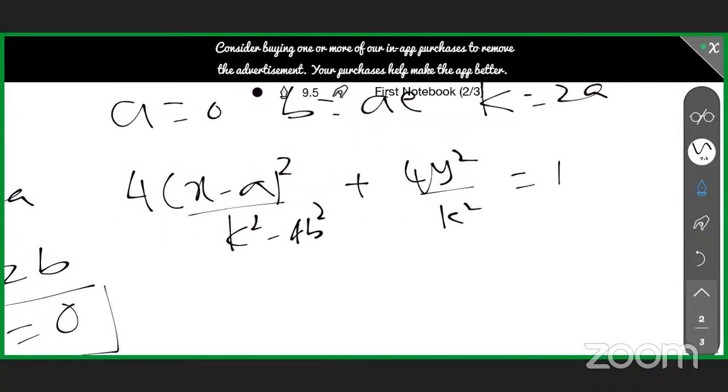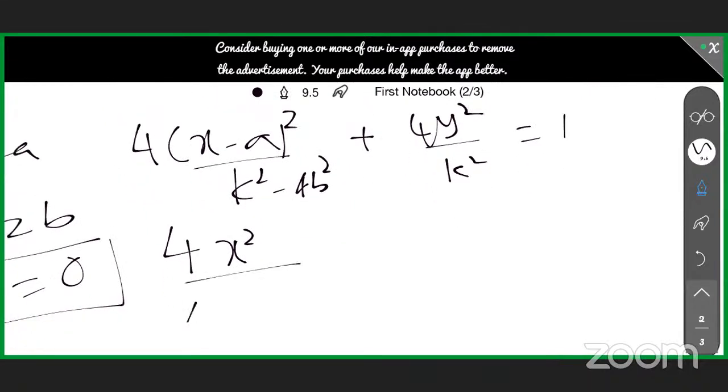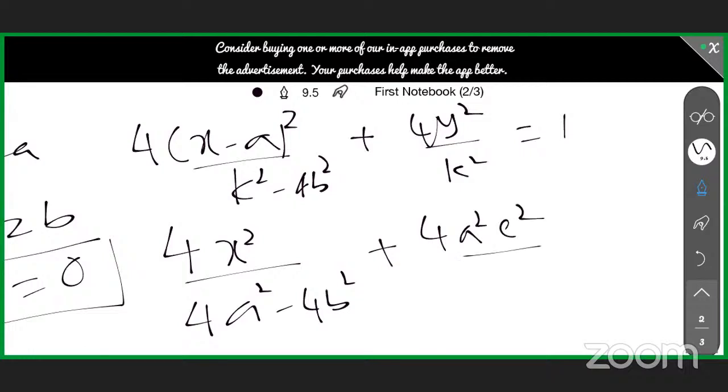So substitute the values now. It is 4x square, since x minus 0 whole square means x square, by k square which is 4a square, minus 4a square e square, plus 4y square by 4a square is equal to 1.